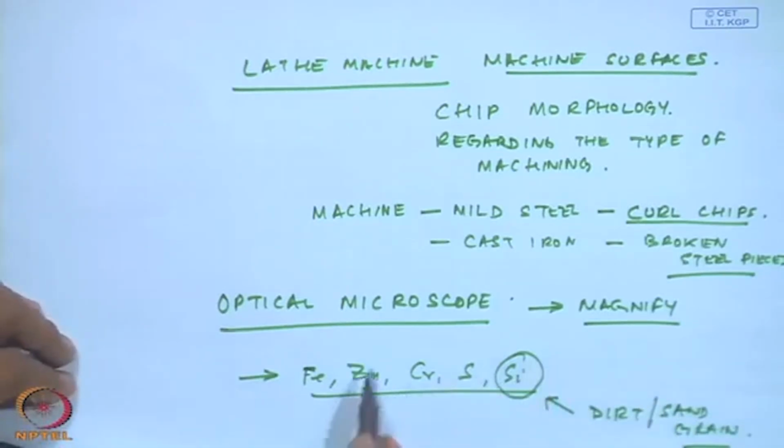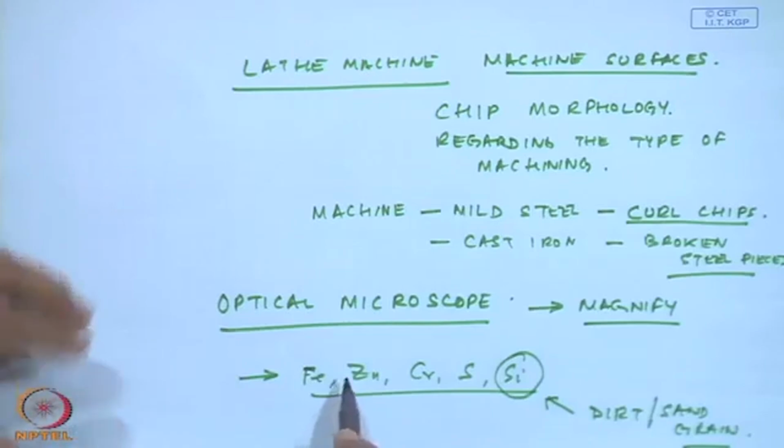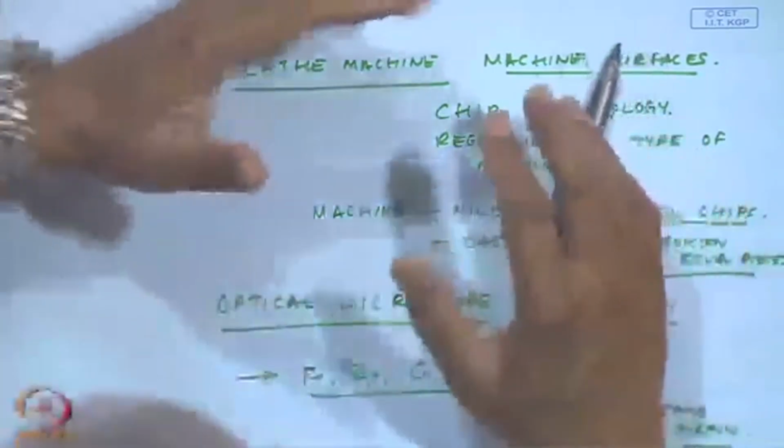If I know the parent composition of the material and I know that in my wear particles a certain element's composition is increasing, I know in a given machine from where this particle has come out and which component in this machine is deteriorating. That knowledge will be known to me.